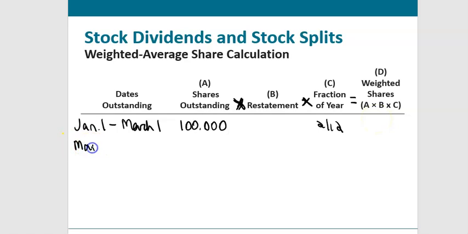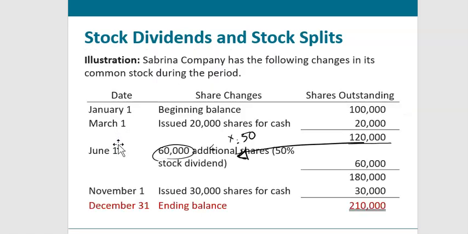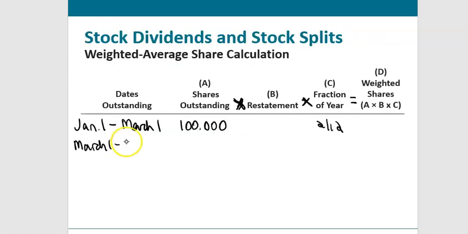From March 1st until the next event date, which is June 1st, the company issued an additional 20,000 shares. So the company issued 20,000 additional. So the company had 120,000 shares outstanding. Hold off on the restatement.